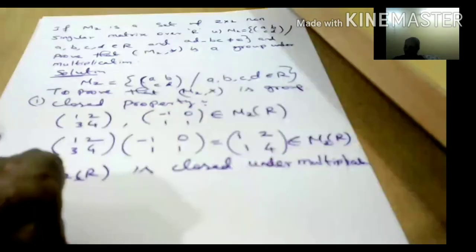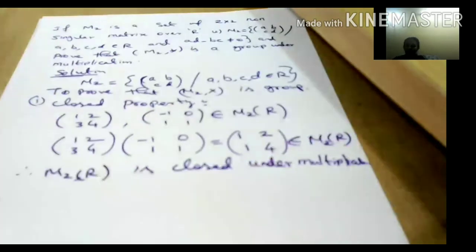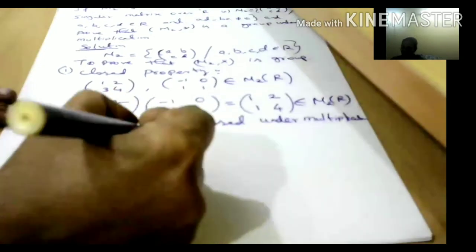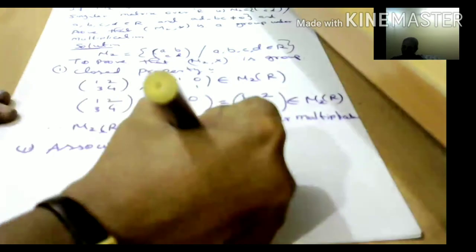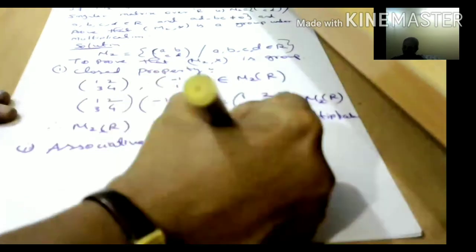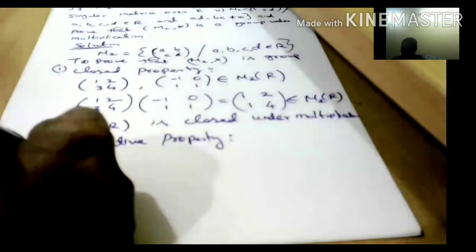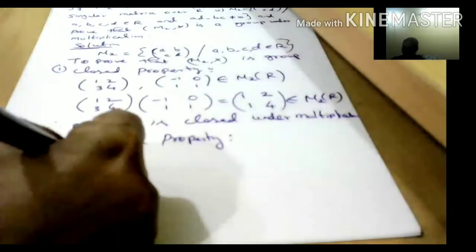Now to check the associative property, take 3 matrices from M2 of R. For proving the associative property, I'm taking here [1, -1; 0, 2].